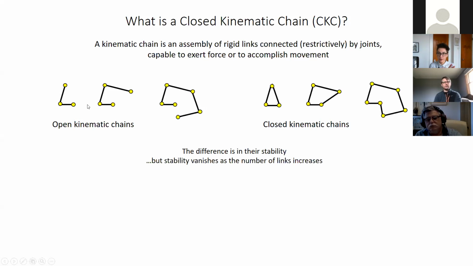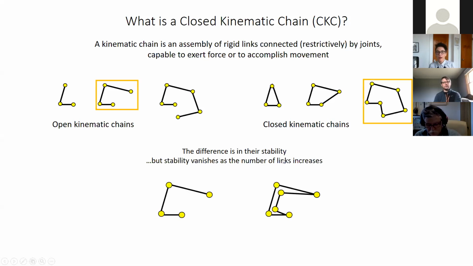Then the difference is a bit more vague for a 4-link chain, where the tetragon closed chain can collapse into a rhombus, and then if we increase the complexity of a chain, the difference becomes really vague, and for a 50-link chain, it doesn't matter whether it's closed or open.